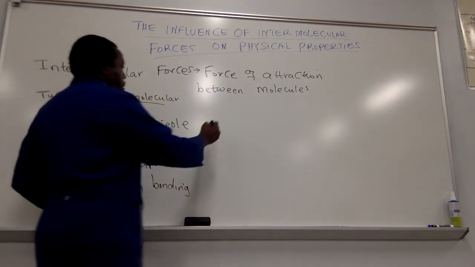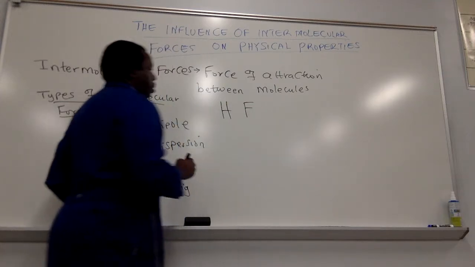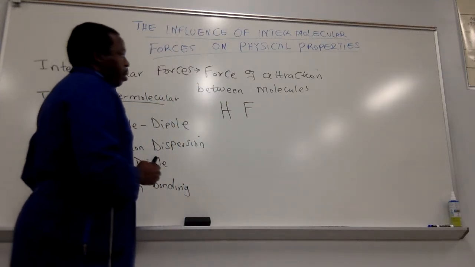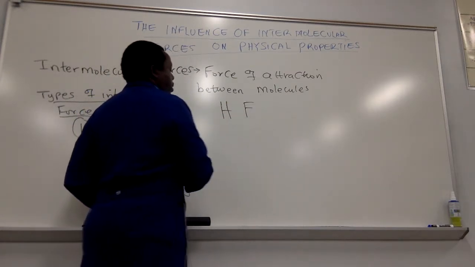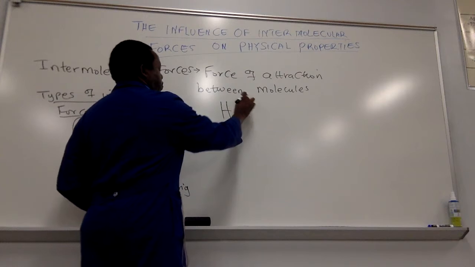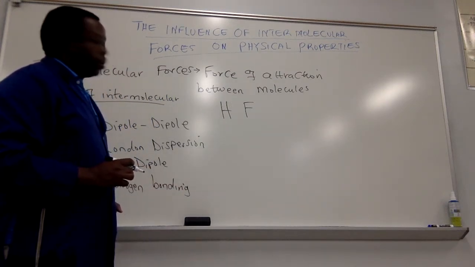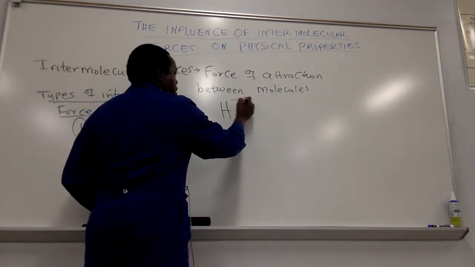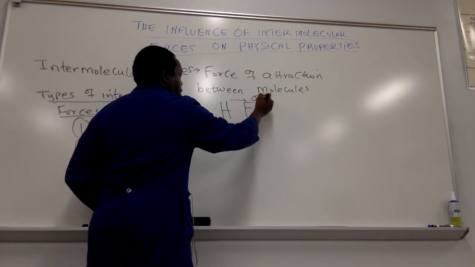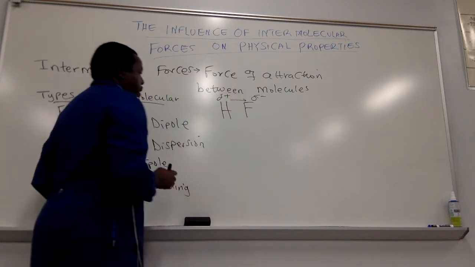For example, hydrogen fluoride. On the periodic table, hydrogen is less electronegative, or in other words, fluorine is more electronegative compared to hydrogen. Electrons tend to be pulled towards fluorine. We say that this is partially positive, and this is partially negative.